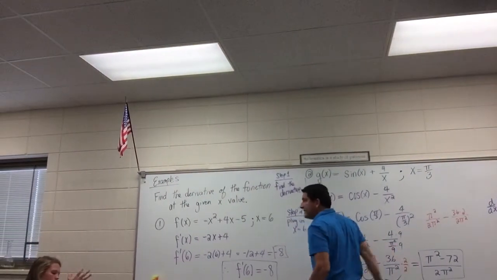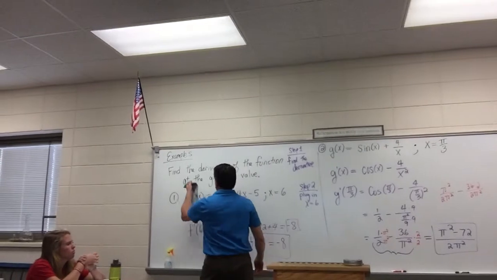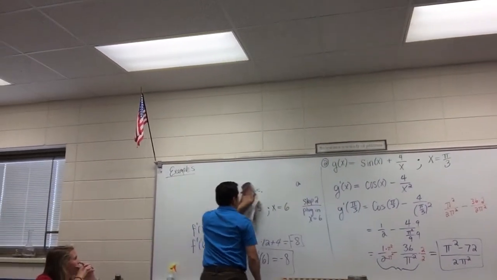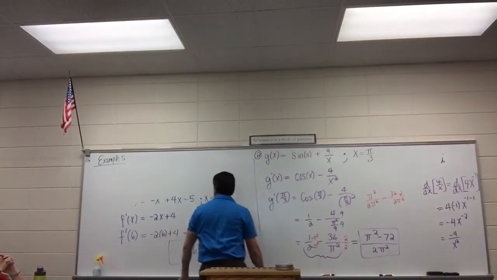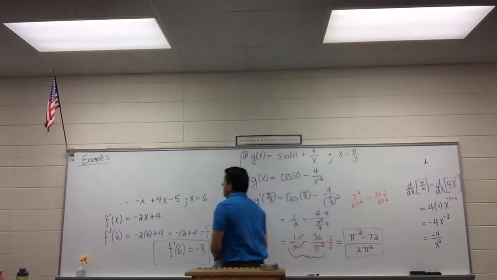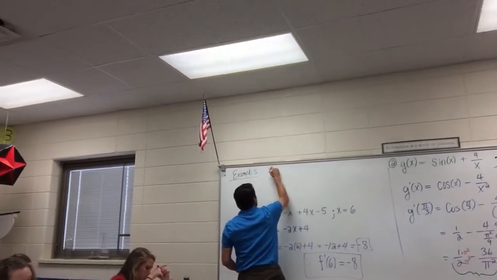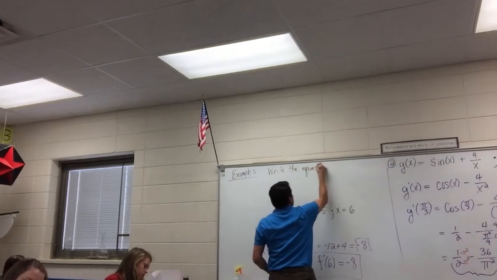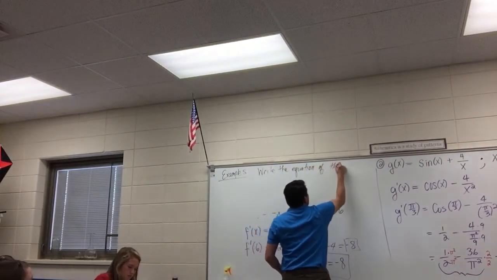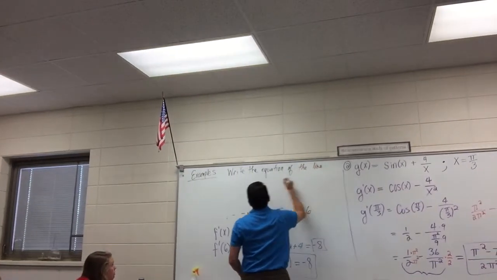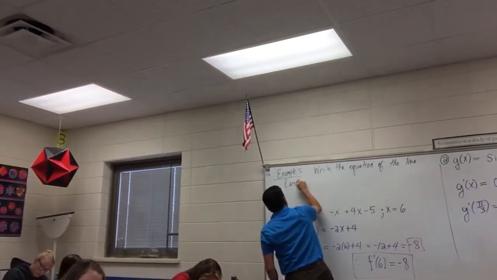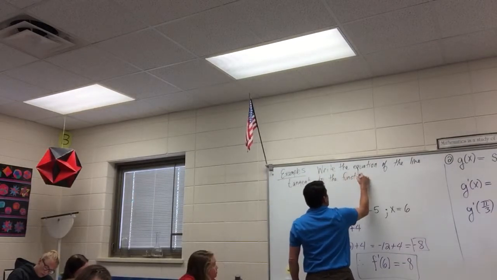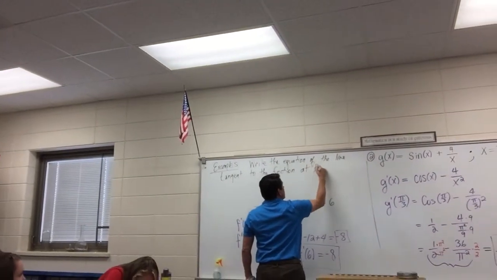Okay, we got that skill down, finding the derivative at a point. Well, now we're going to do another type of problem with different directions. The directions now are write the equation of the line tangent to the function at the given x.